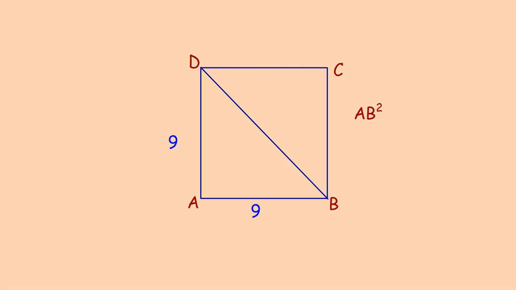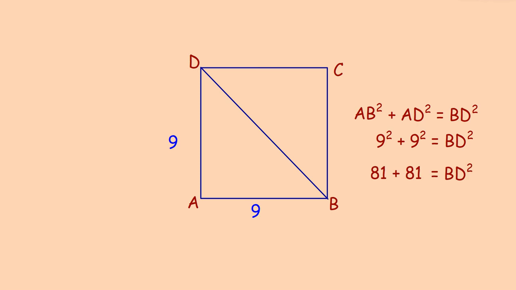That is AB square plus AD square is equal to BD square. That is 9 square plus 9 square is equal to BD square. 81 plus 81 is equal to BD square. 162 is equal to BD square. That is, to get the length of BD, we need to find out a number whose square is 162.